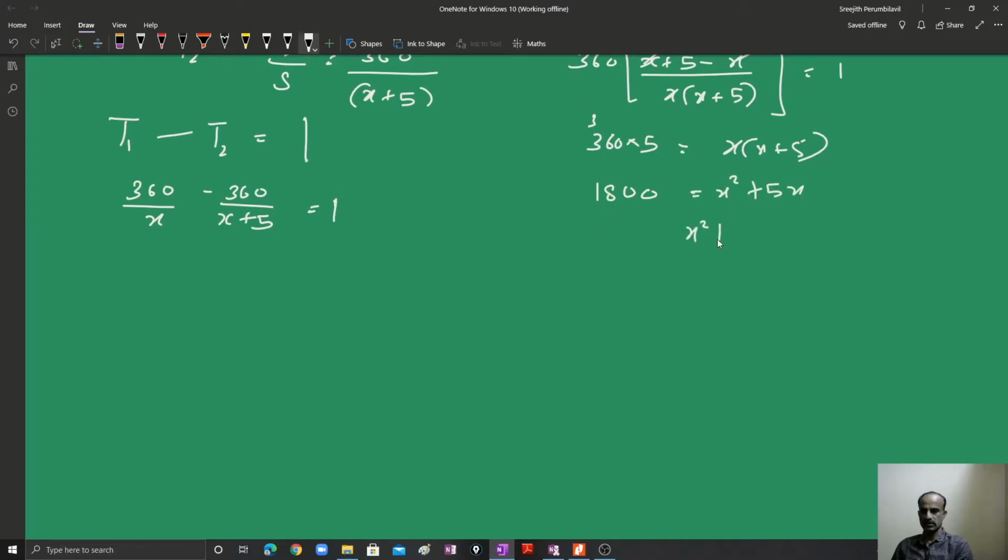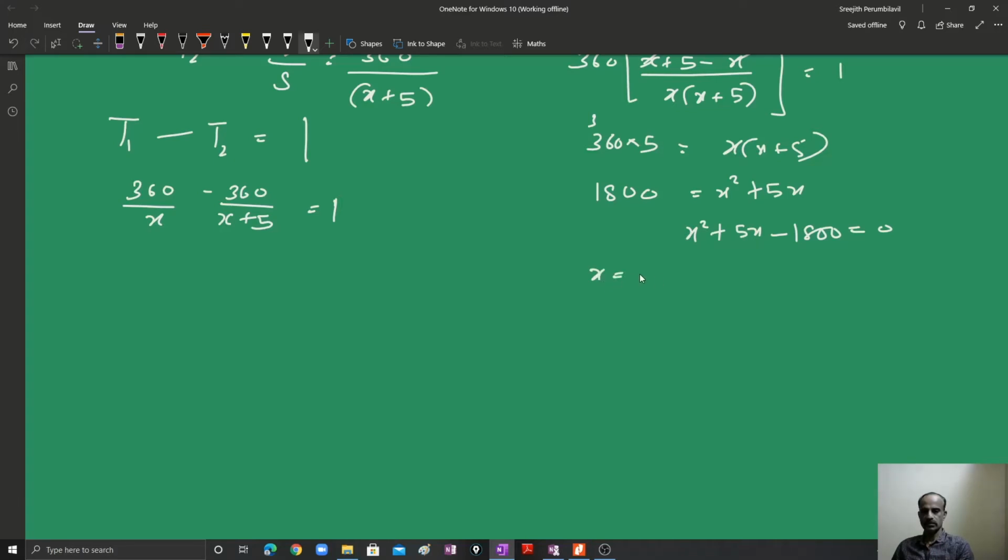So x square plus 5x minus 1800 is equal to 0. Now the problem is to solve this. All of you know how to solve it. I think you can solve on your own, but still there are three methods. We can solve in any of our ways, like factorization, where the product should be 1800 and the sum should be plus 5, or you can use the quadratic formula.